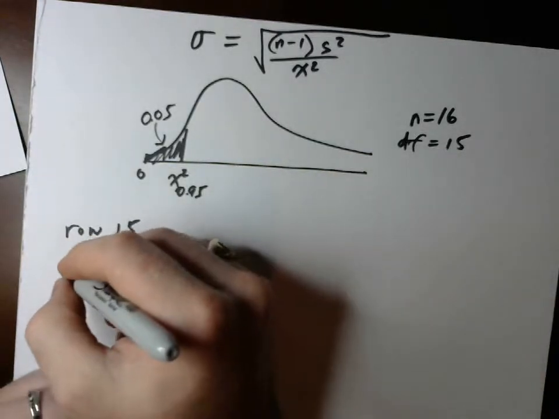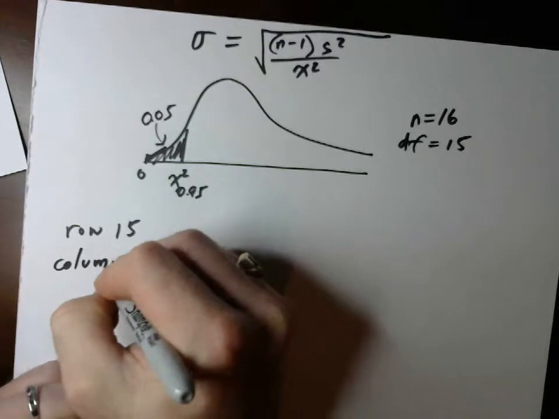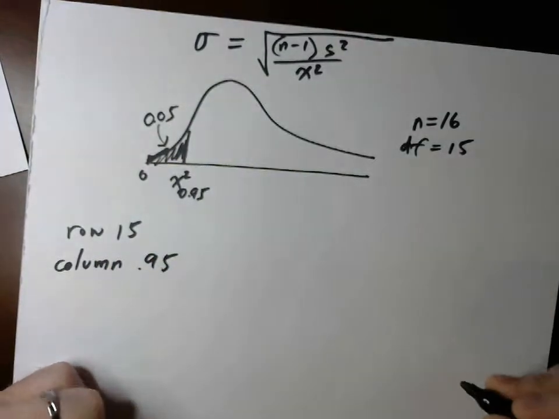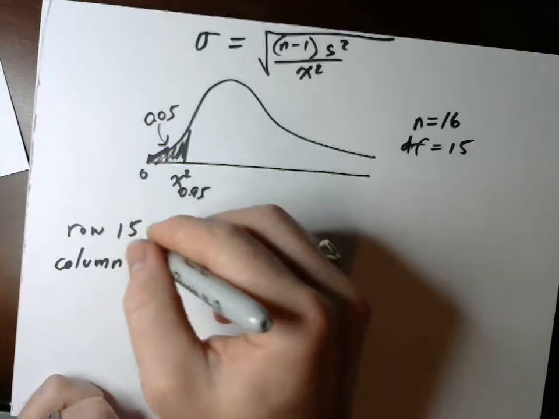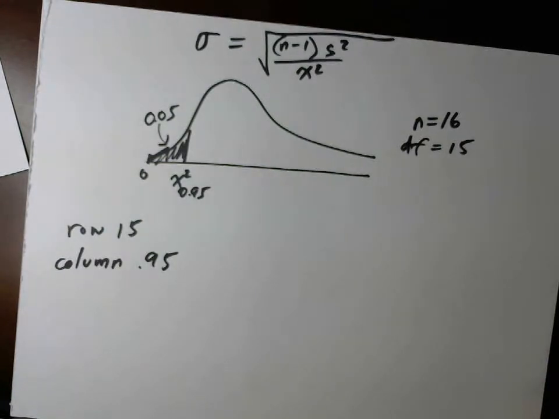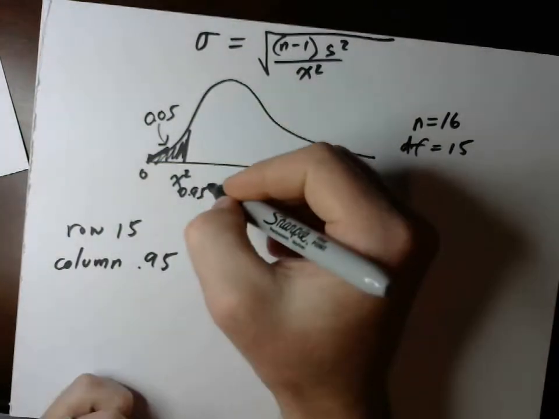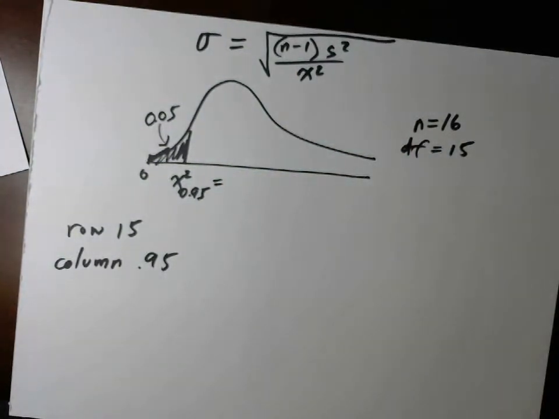So we would look at column 0.95 and look at that intersection, and that value would be your chi-squared value. And looking at the chart, we would see that 15 intersect with the 0.95 column would be 7.261.